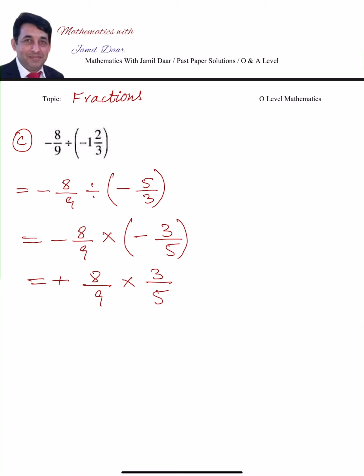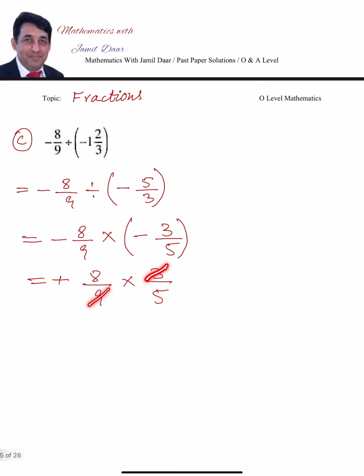So 9 comes in the times table of 3, and 5 and 8 cannot be cancelled. So 3 ones are 3, 3 threes are 9. Now this is 8 times 1 in the numerator, 3 times 5 in the denominator, and this will become 8 over 15, and this is a proper fraction and this is your answer.